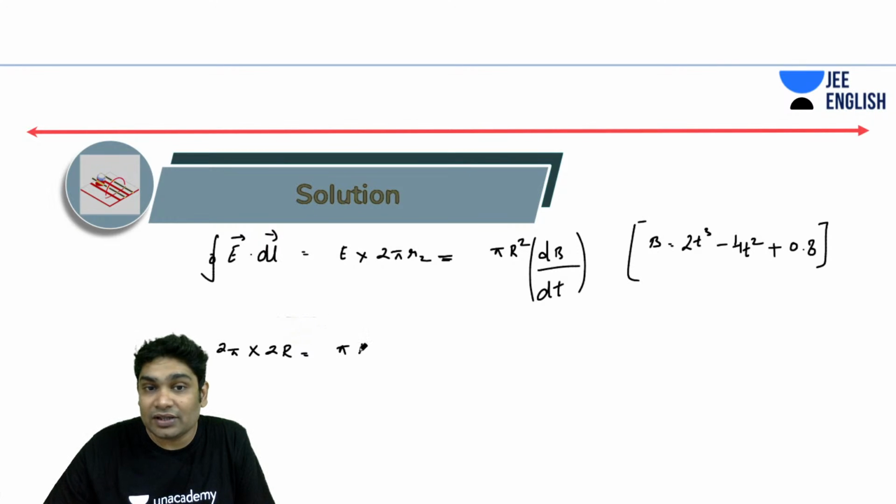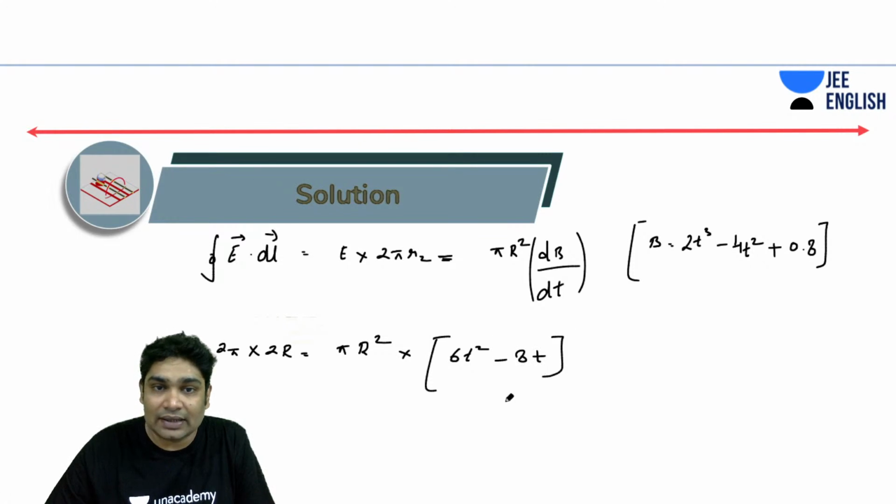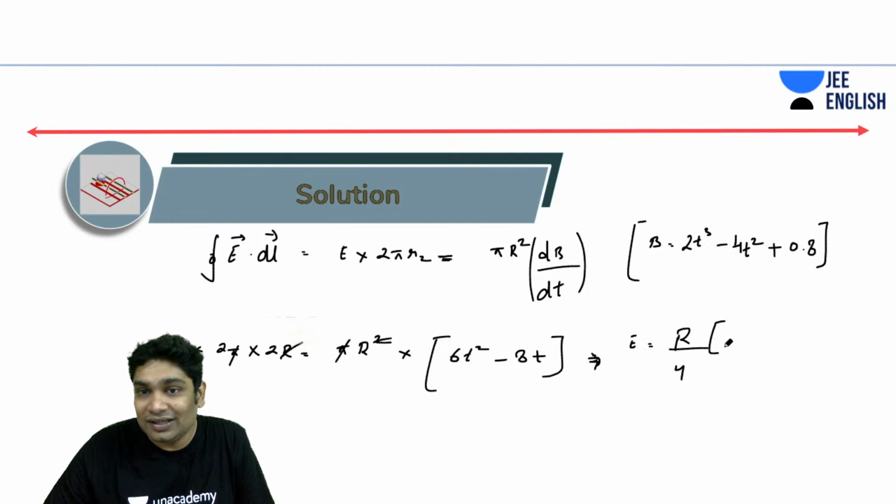I haven't told you in the question. So this into dB over dt, which is 6t square minus 8t. That is it. So this pi gets cancelled, one r gets cancelled. What you're getting as your E is r over 4 times 6t square minus 8t.